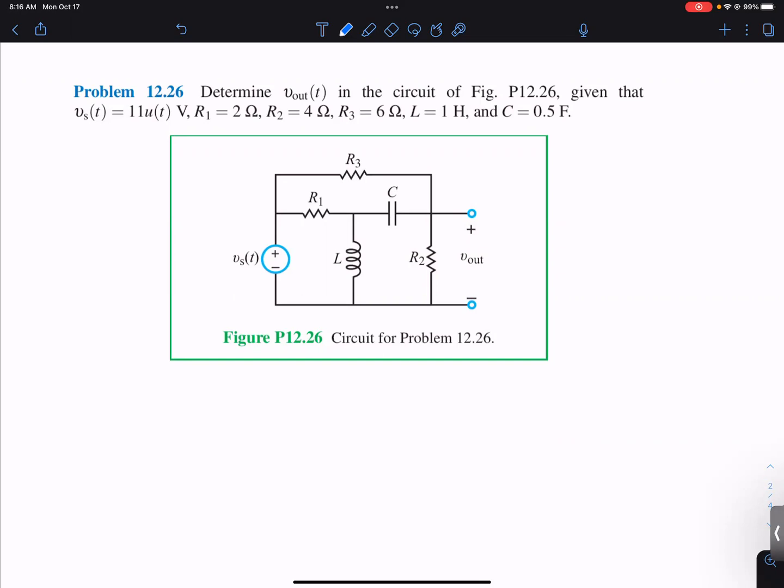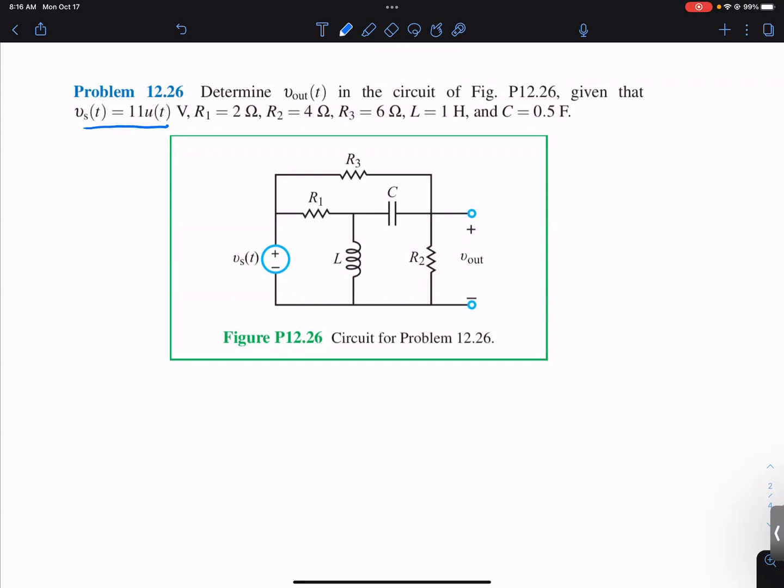We look at the initial conditions by looking at our input source.